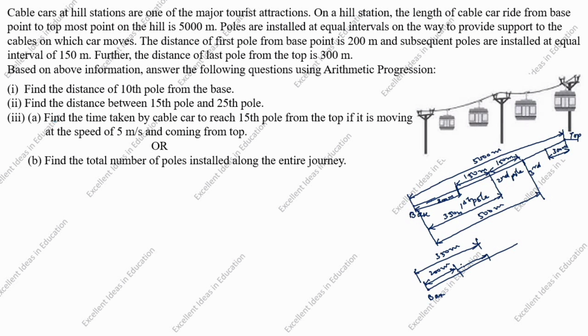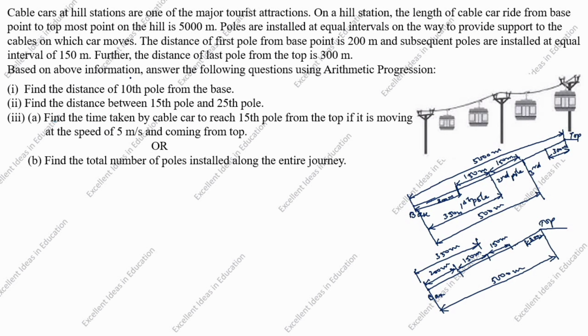So this distance given as 150 meter. Here is also 150 meter. This is the top. To here is given as 300 meter. From base to top of the hill given as 5000 meter.